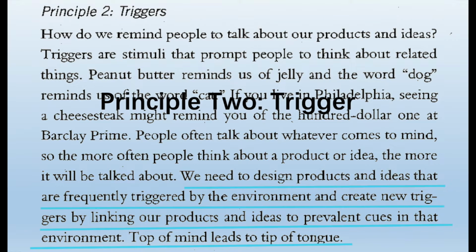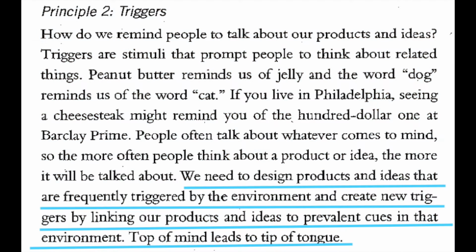Principle 2. Triggers. We need to design products and ideas that are frequently triggered by the environment and create new triggers by linking our products and ideas to prevalent cues in that environment.